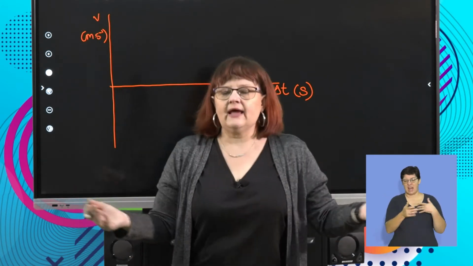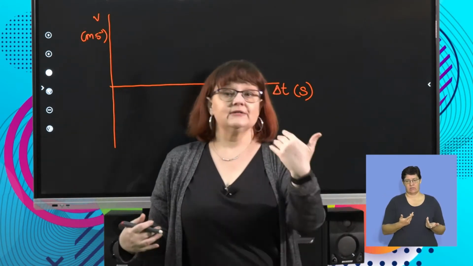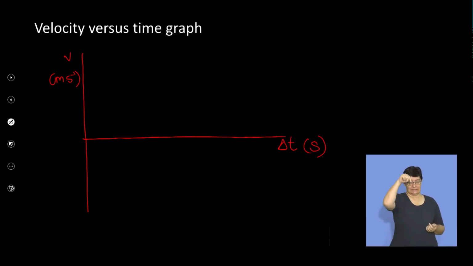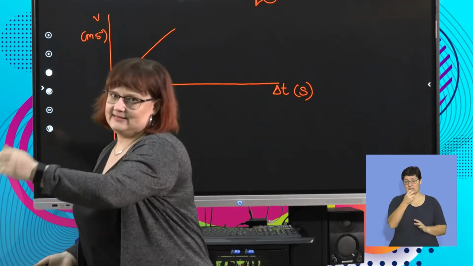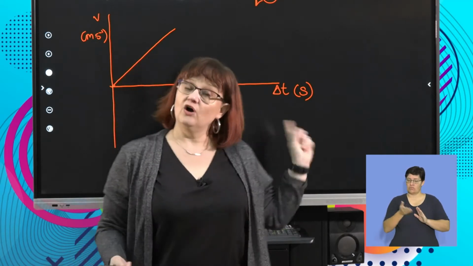So let's just take it as having dropped. I'm going to take down as my positive direction for the first time. And what happens is that it's a straight line. Why? Because the acceleration due to gravity is a constant. I can get acceleration from the gradient of this graph.